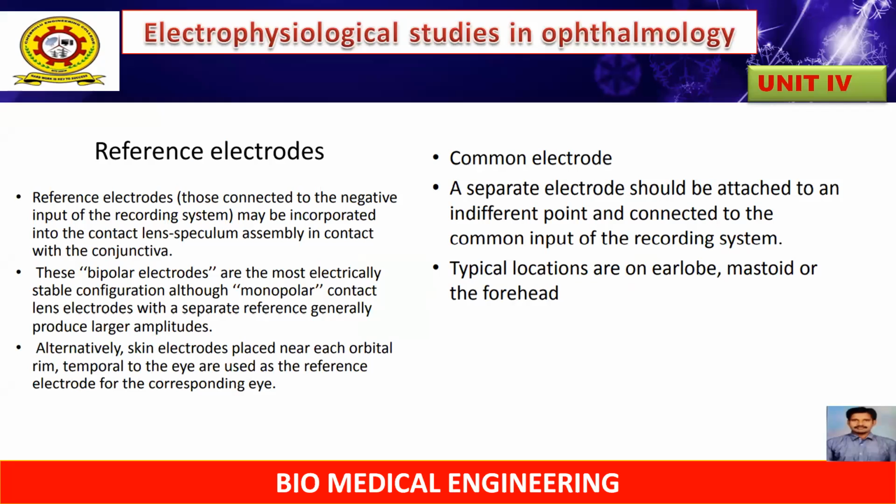When these reference electrodes are used in place of bipolar electrodes, they are the most electrically stable configuration. Although monopolar contact lens electrodes, which have a separate reference, generally produce larger amplitudes. So in this way, the electrodes are implemented.